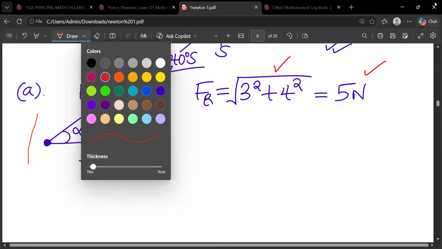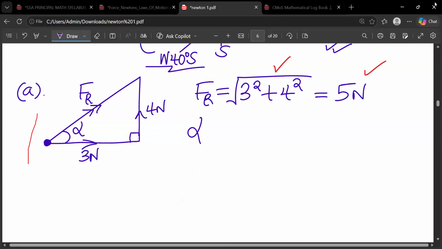Then when you need the alpha, you just simply say tan inverse, okay? Then vertical component on top, which is 4, then horizontal component down, which is 3. Press your calculator, you're getting an angle in degrees. So make sure your calculator is in degrees. Tell me that angle.